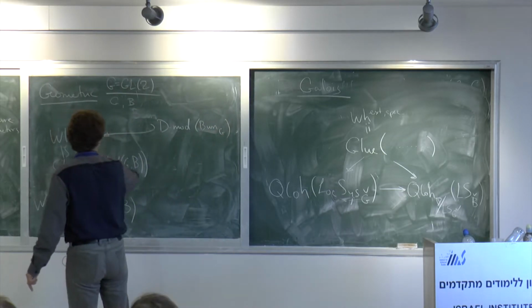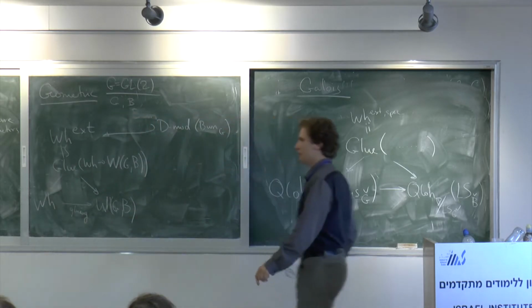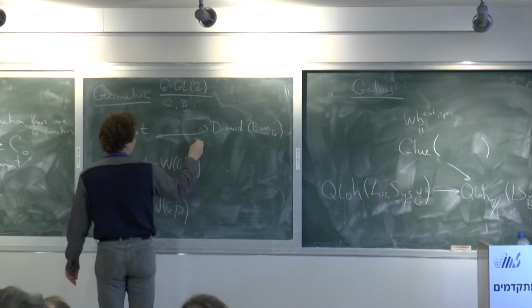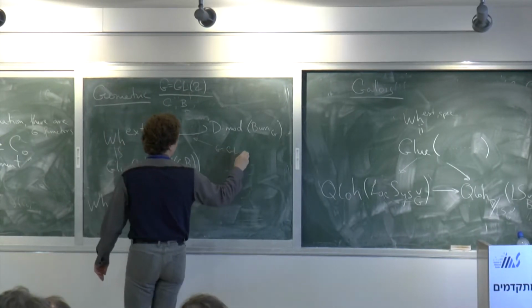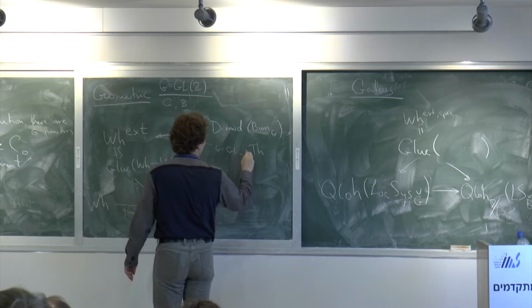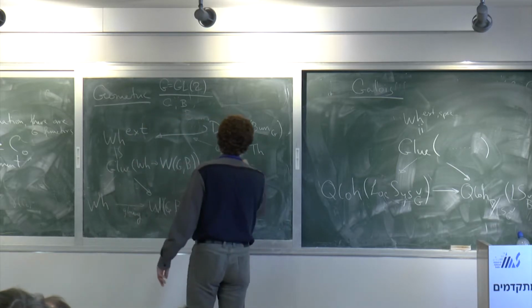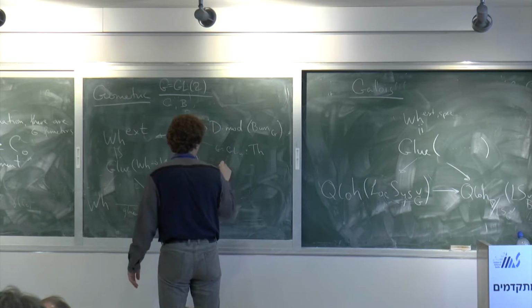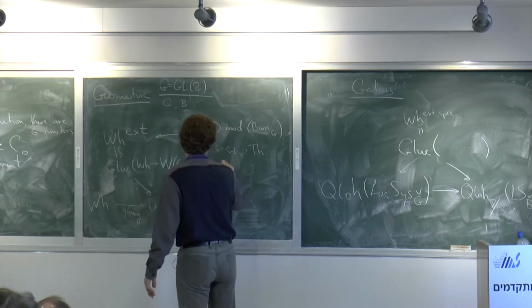This was a conjecture. Well, if G is GL2, it's not a conjecture. But yes, if G is GLN, this is an actual theorem, almost a theorem. And for other G's, it's wide open.